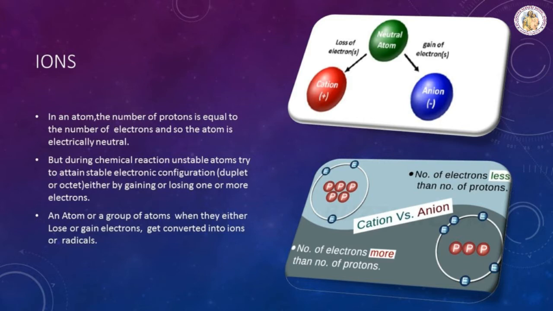Sometimes two or more atoms of different elements collectively lose or gain electrons to acquire positive or negative charge. Thus, we can say an atom or a group of atoms, when they either lose or gain electrons, get converted into its ions or radicals.